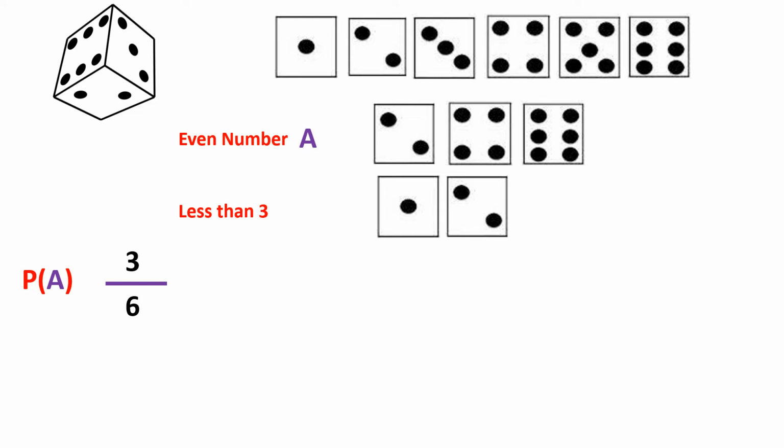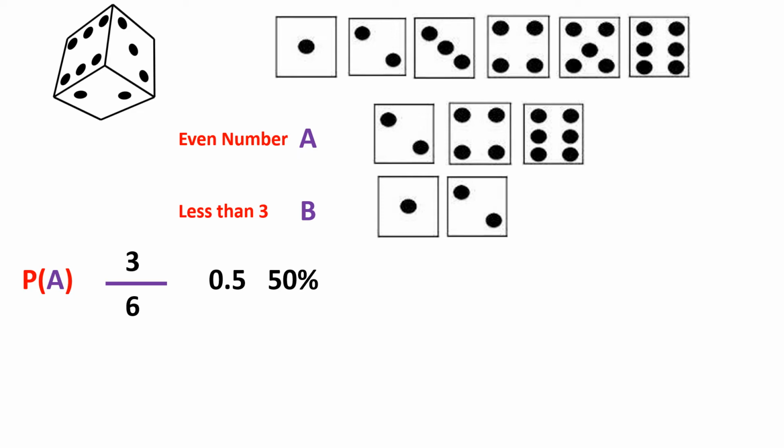There were 3 favorable outcomes and all possible outcomes were 6 for getting an even number. When you solve this, you get 0.5, or if you want, you can say 50% as well. So when you roll a single fair dice, the probability of getting an even number will be 50%, right?